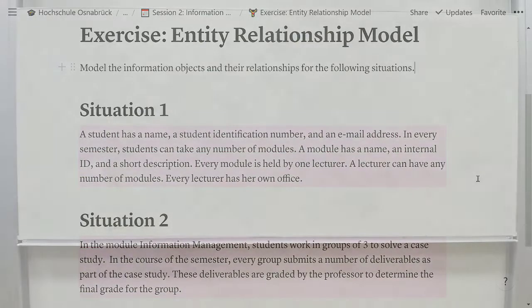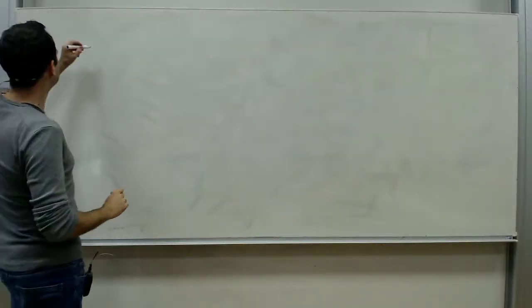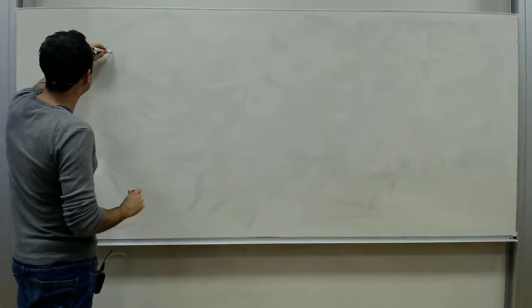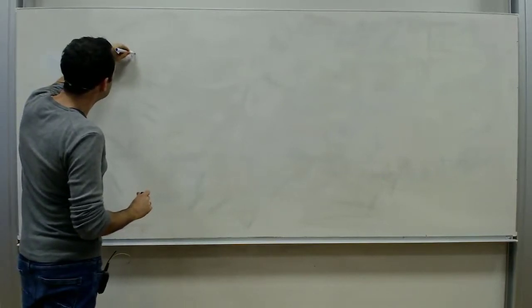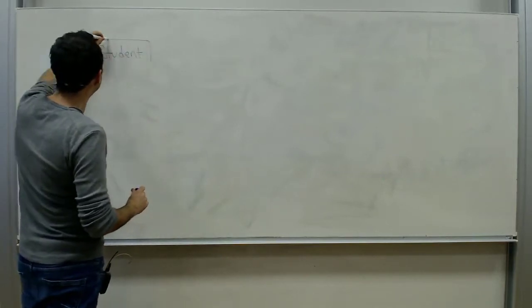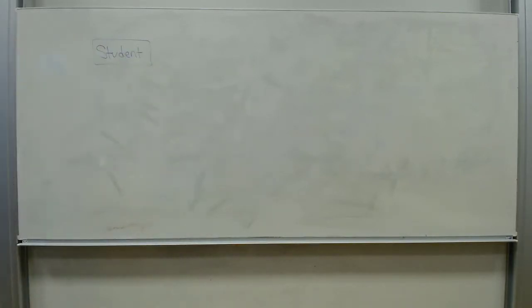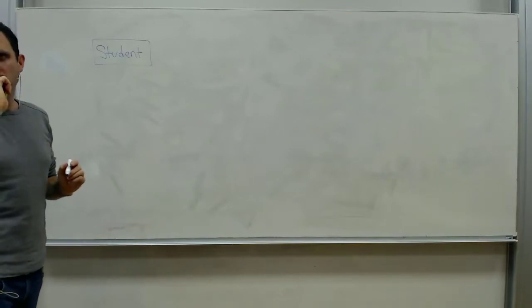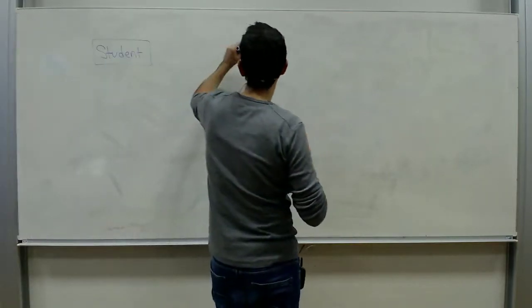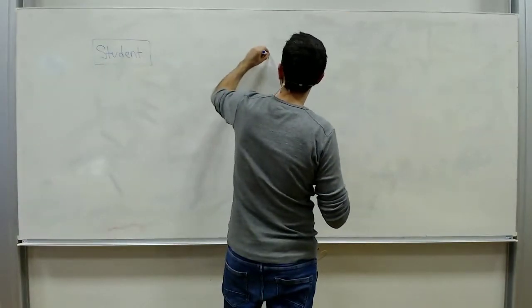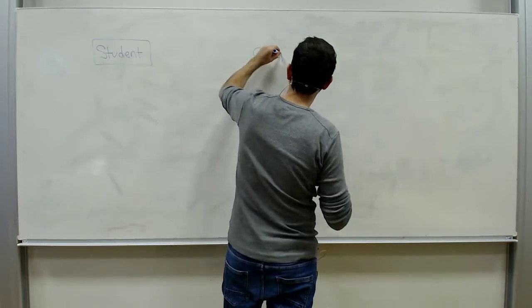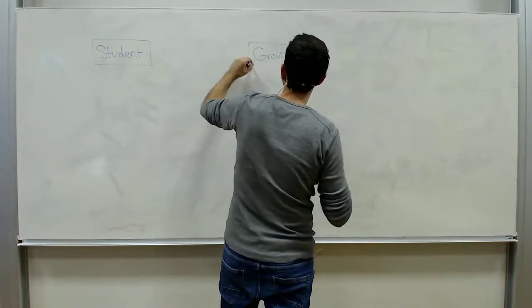So student. Okay, so you have a student as an entity type. You said groups.